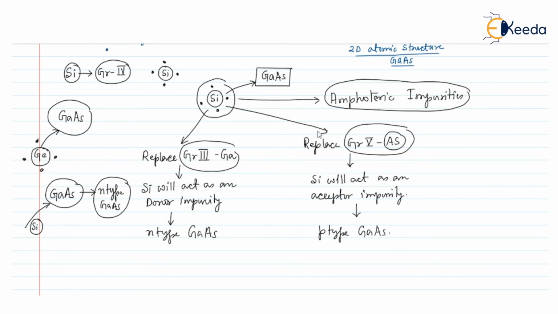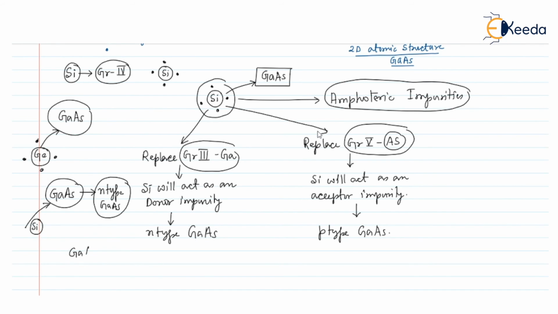That is, experimentally it is found that inside gallium arsenide, silicon predominantly acts as a donor. Though silicon has the capability of acting as an acceptor, acting as a donor impurity is predominant over the acceptor action.